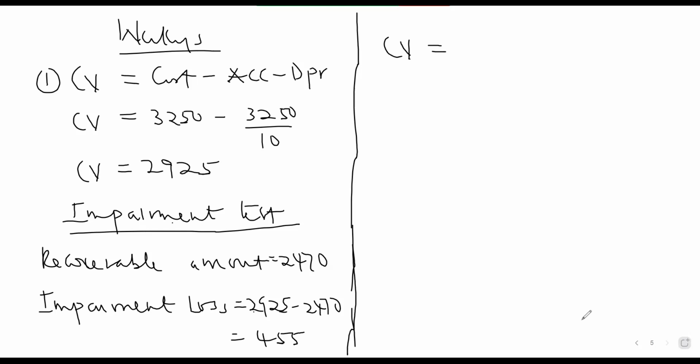What will now be the value of the asset that will be depreciating for 9 years? 2470. Okay. The recoverable amount is divided by 9 times 7. Is that the carrying value? Yes, that's it. Okay.